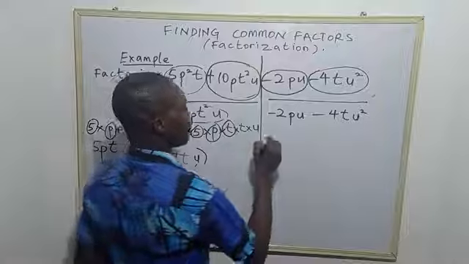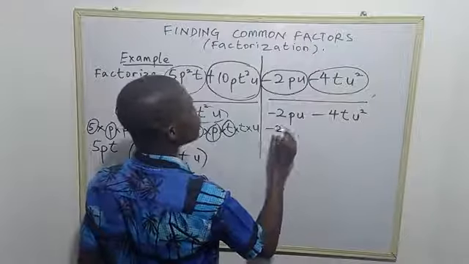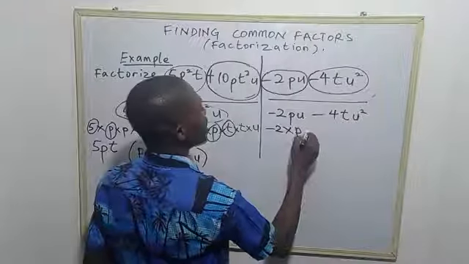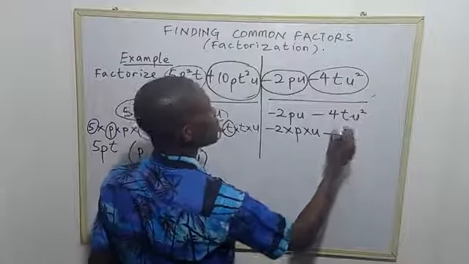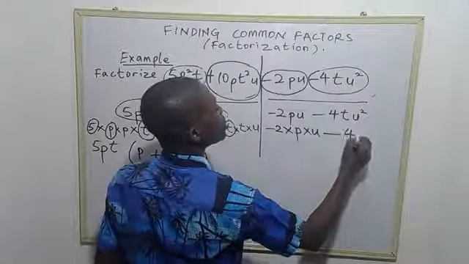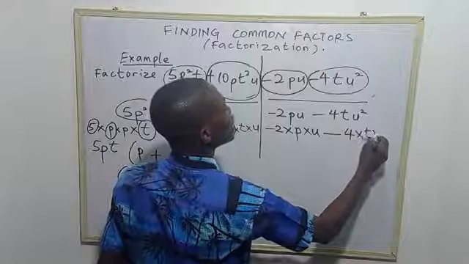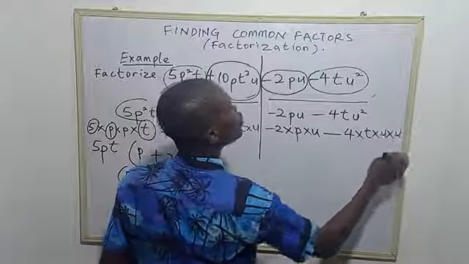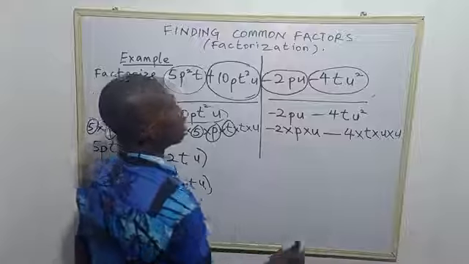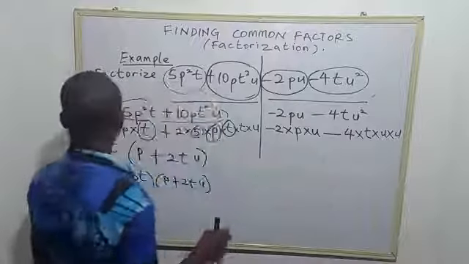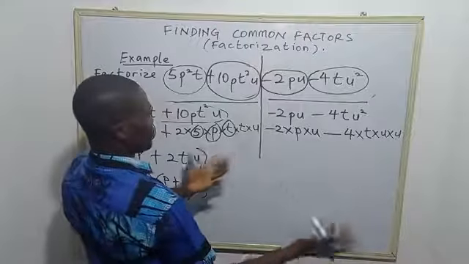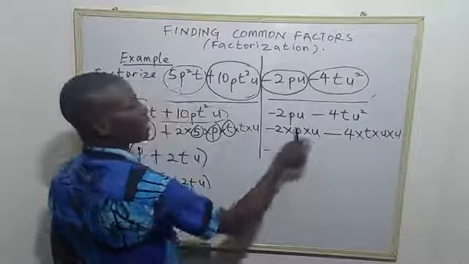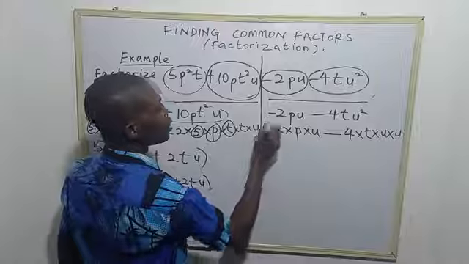Open this one up. So minus 2 times p times u minus, okay, 4 times t times u times u. Don't forget 2, okay? So having done this one, as we did in this place, what is common? Minus, minus, good. Minus here, minus here, we have picked that.